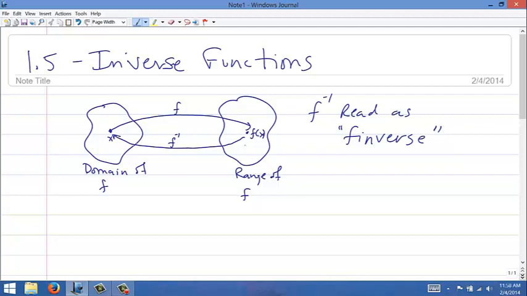So notice f inverse starts over here, which means that the range of f is the same thing as the domain of f inverse, and f inverse ends over here, which means the range of f inverse is the same thing as the domain of f. That's important because if I know the domain and range of f, technically I know the domain and range of f inverse because they're just opposites of each other, which is kind of cool.